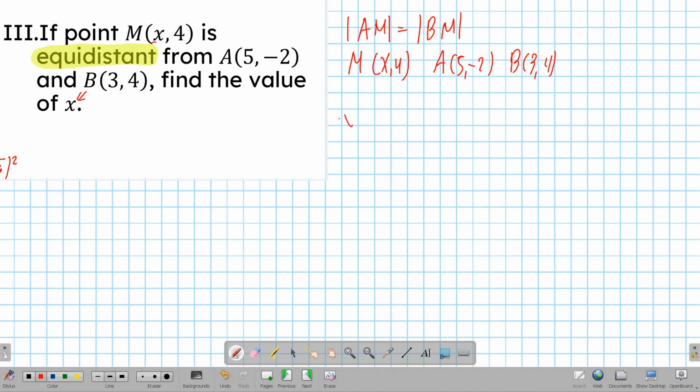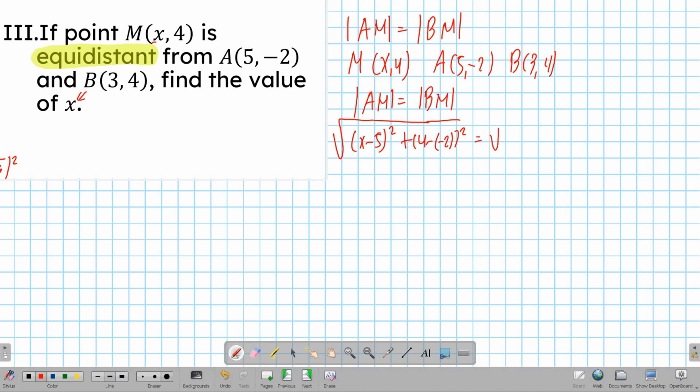Hence, for AM, the length of line segment AM is equal to the square root of, since we don't know if x is bigger or not, we'll assume that this would be x minus 5, just to be safe, kasi masanay tayo na x is positive. It will be x minus 5 squared plus 4 minus negative 2 squared. That is the length of AM.